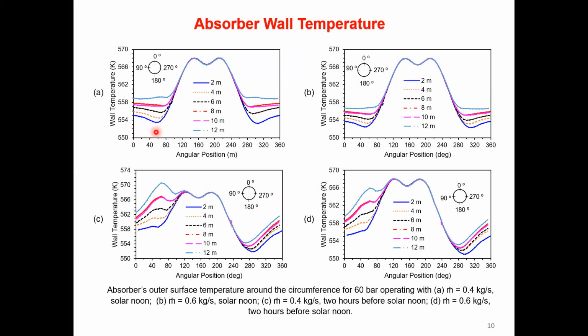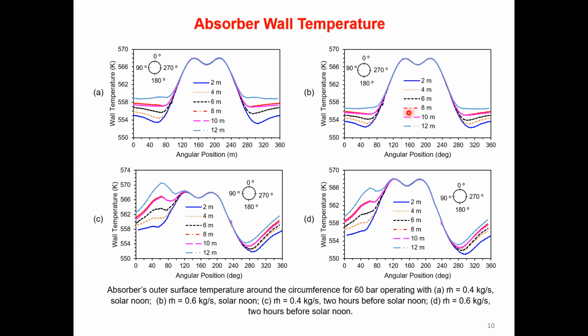These graphs show the temperature distribution around the absorber surface at axial position 2 meter, 4 meter, 6 meter, 8 meter, 10 meter, and 12 meter from the inlet, for operating pressure 60 bar and mass flow rate 0.4 kg per second, 0.6 kg per second.